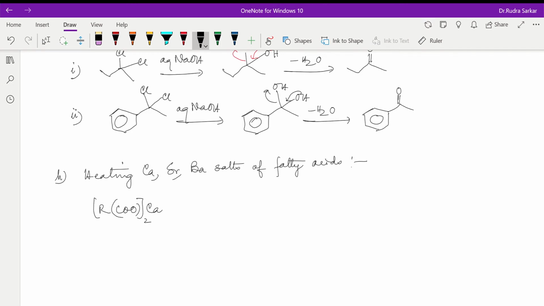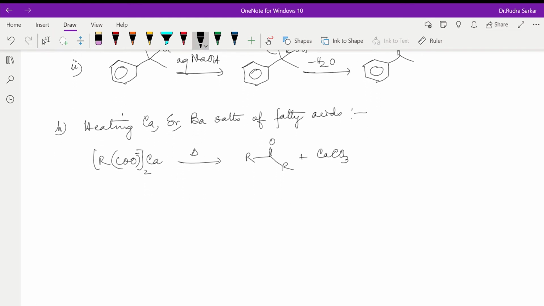Remember, calcium is divalent, so the charge of a carboxylate is 1. That's why you have a 2 over here. If you heat this, then this leads to the formation of ketones, and as a side product you get calcium carbonate.